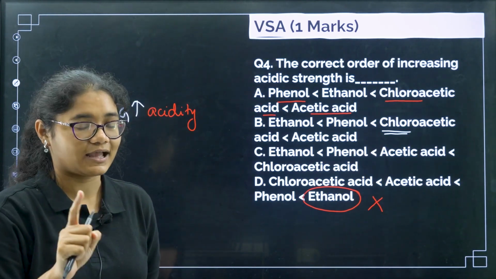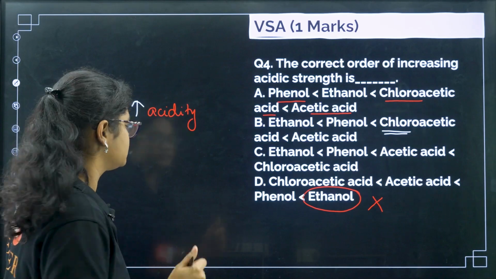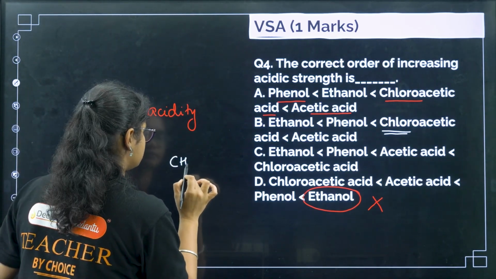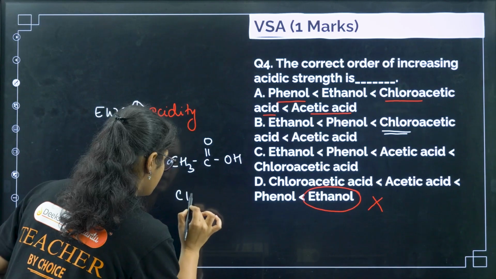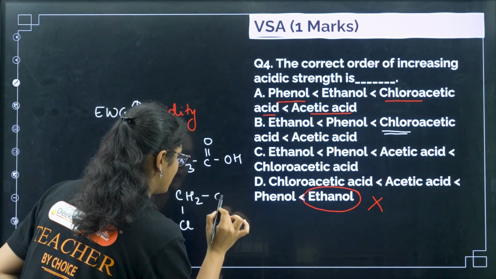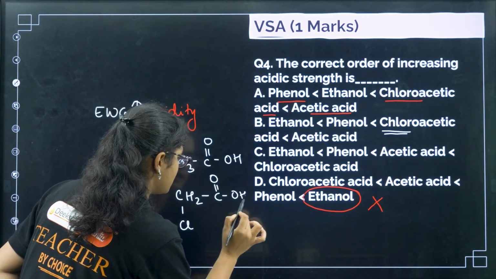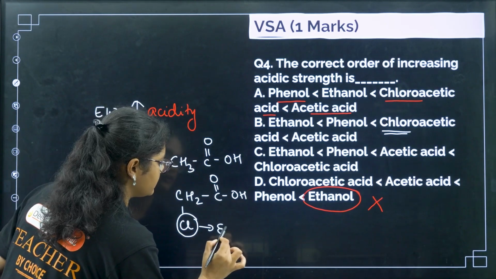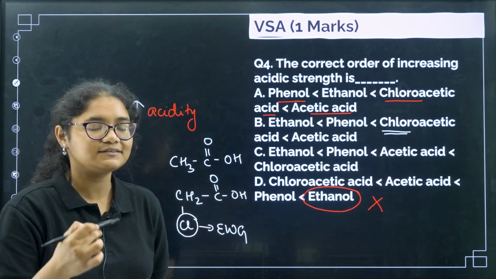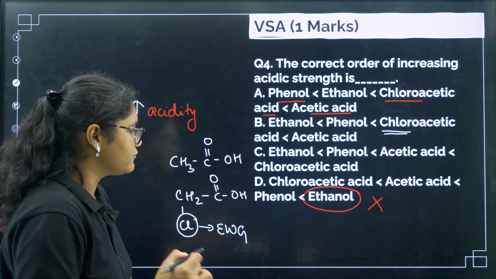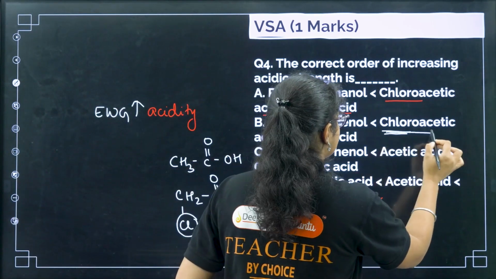So, chloroacetic acid will be more acidic. Suppose you have CH3COOH, this is acetic acid, and this is chloroacetic acid, right? This chlorine is an electron withdrawing group. Okay. It stabilizes the conjugate base and hence increases the acidity. So, definitely chloroacetic acid has to be the most acidic.